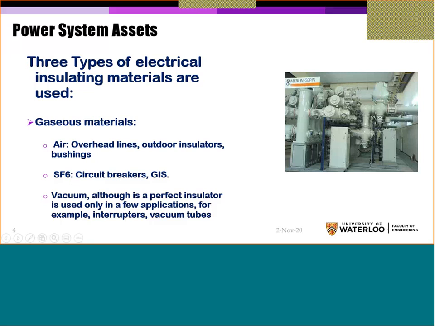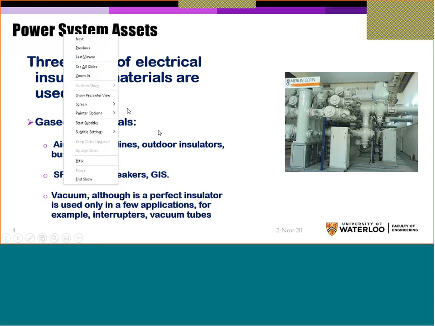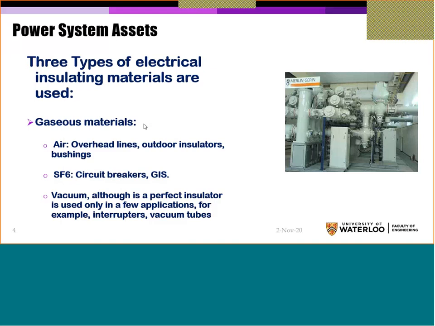There is also SF6. SF6 is a special material that we use in our insulation systems. SF6 is called an electronegative gas, and it has a certain ability to absorb electrons.